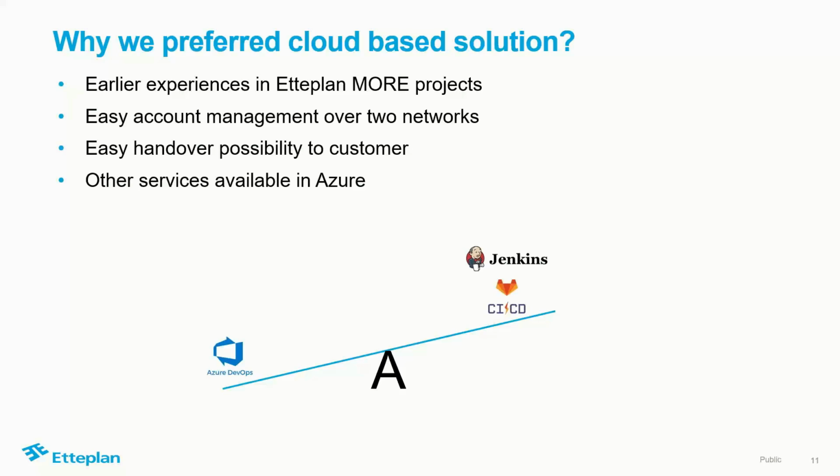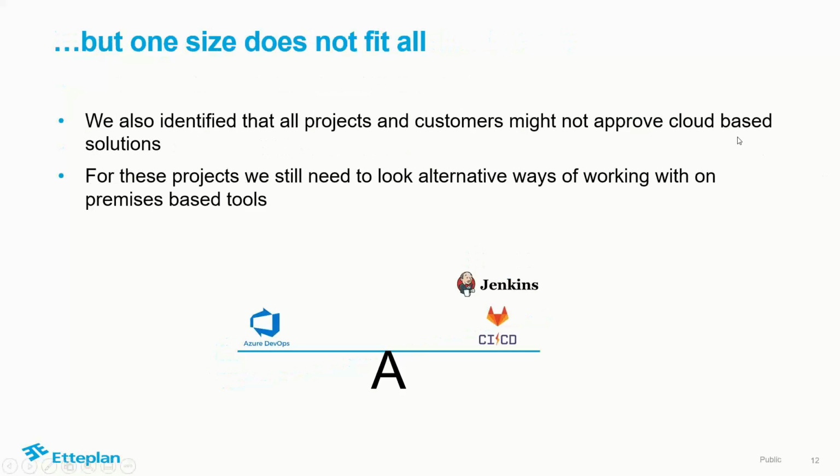So as mentioned, you already perhaps identified that Azure DevOps was selected as our baseline. And on the other hand, we considered two different test automation engines, Jenkins and GitLab CI/CD, as other alternatives.